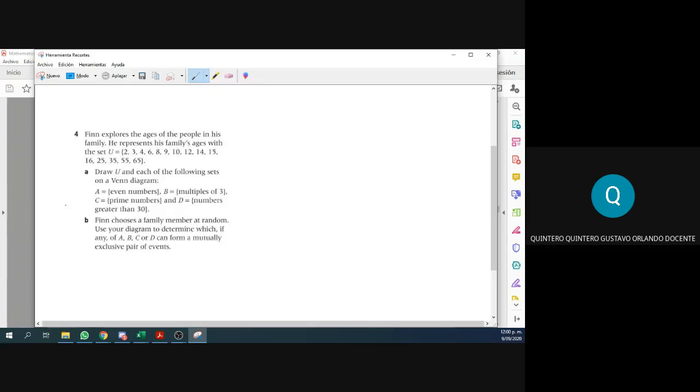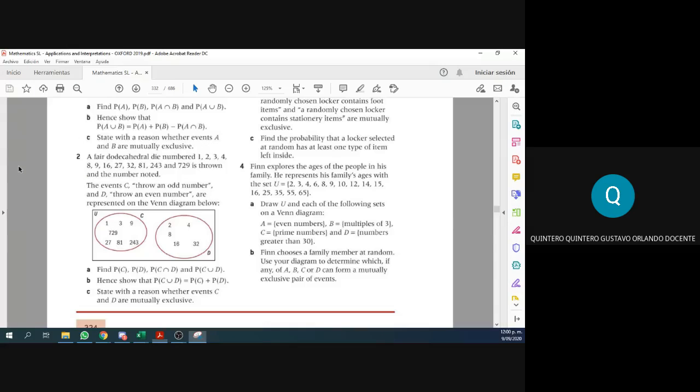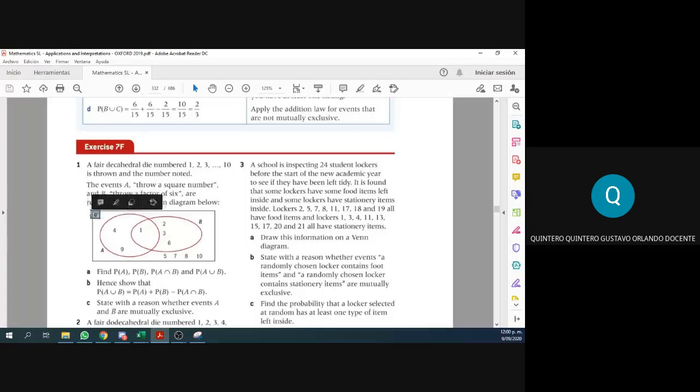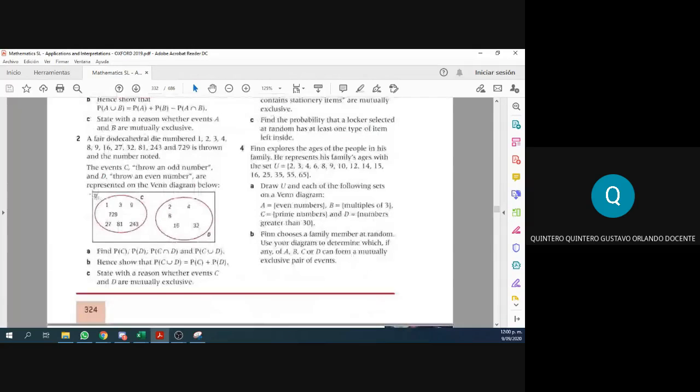Now, let's jump into the question. A, draw U and each of the following sets on the Venn diagram. Now, what is U? As you can see here, U is this one. Usually in a corner, it shows that U makes a reference to the whole diagram, the whole rectangle.